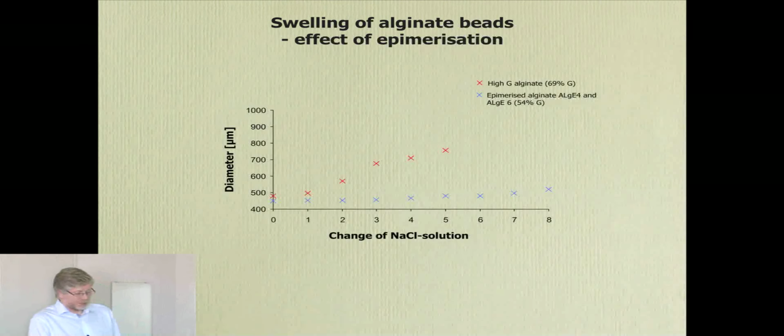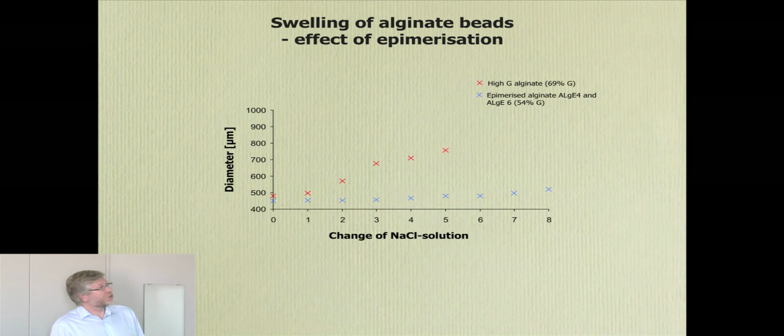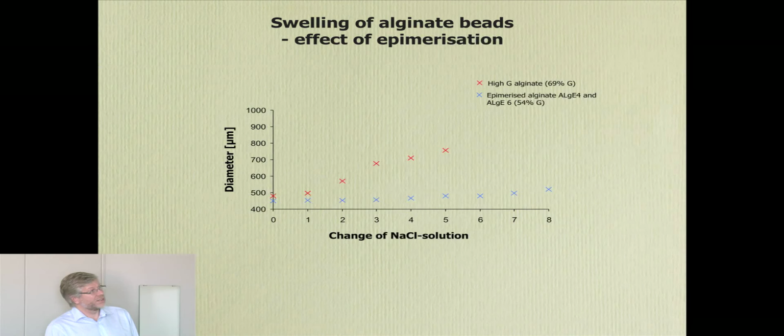As we saw just before the break, in vitro epimerized alginates can influence homogeneity, but it can also limit swelling. And I include a quite recent study from Trondheim, where we took first a standard high G alginate, 69% G, and made beads from that.